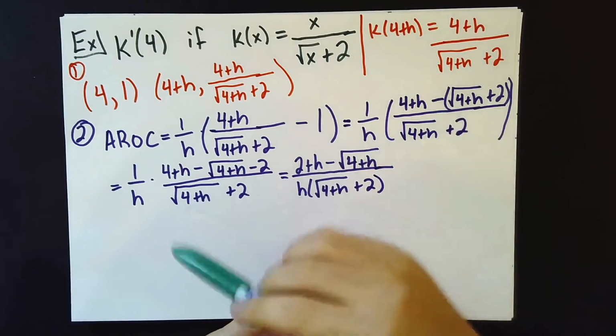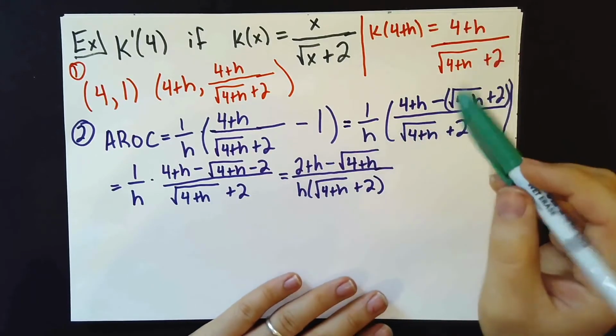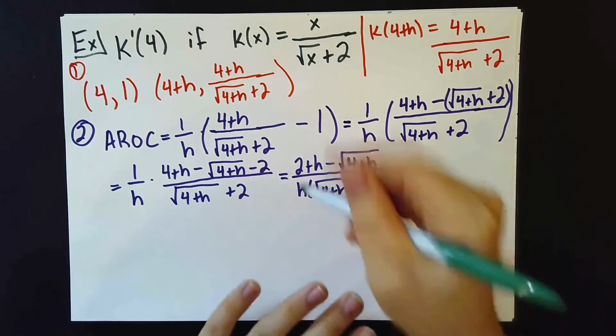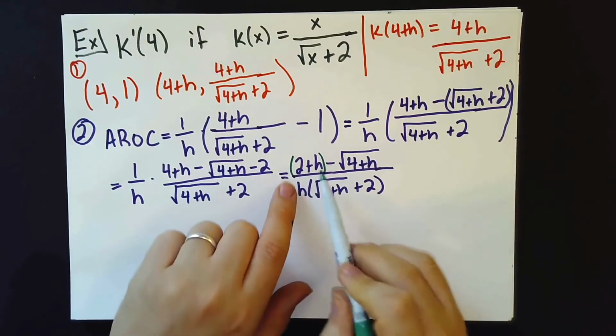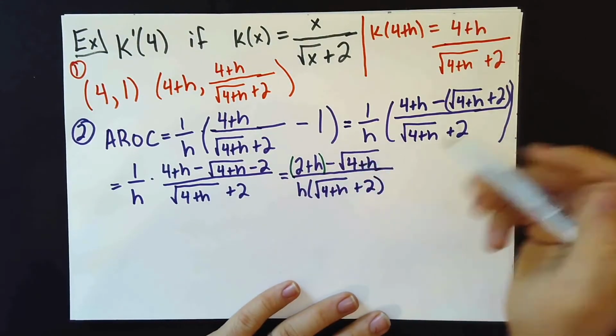Having simplified this, we now have a square root in the numerator that we have to deal with. But we know the trick, which is to multiply by the conjugate. I have two pieces here: the 2 plus h and the minus the square root piece.